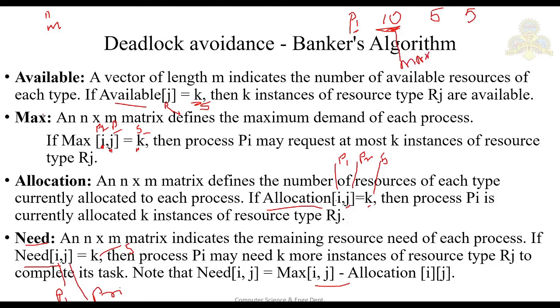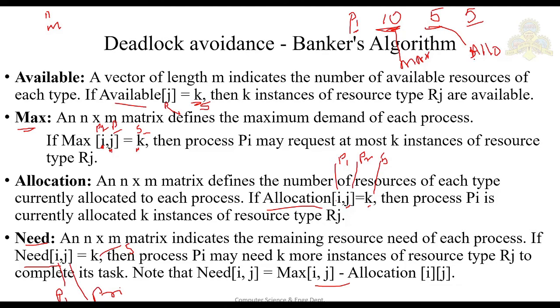Okay, so out of 10, 5 are currently allocated to it. That means it has currently been allocated 5 resources. So this 5 is nothing but your allocation. Out of maximum 10 resources, it has been allocated 5, but it still needs 5 more resources to complete its execution. How did we get this 5?